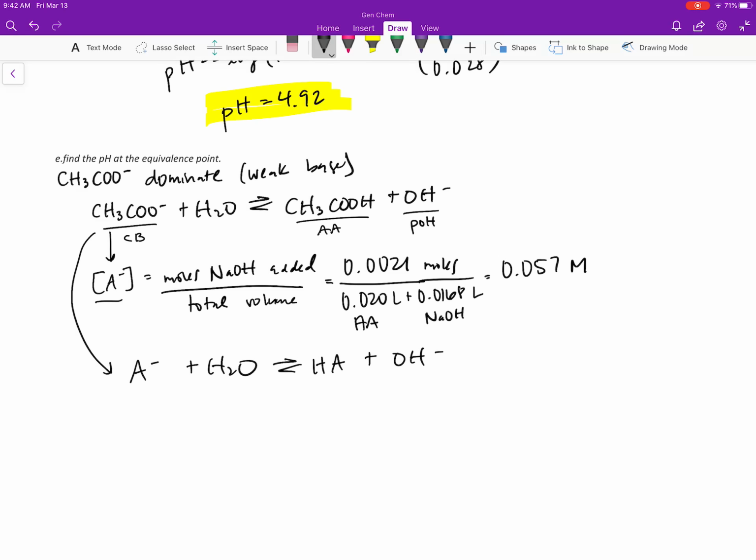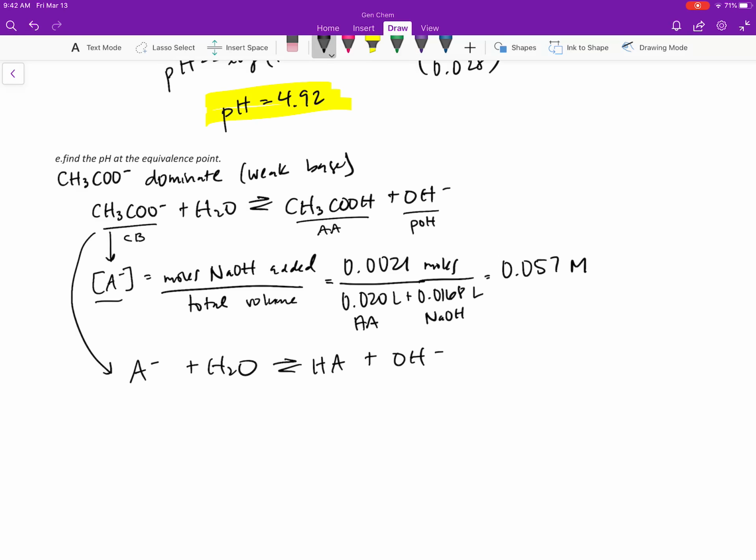Okay. Now my Kb value, because this is basic, I know I need a Kb, where Ka is equal to the 1.8 times 10 to the negative fifth, giving me a Kb value of 5.56 times 10 to the negative 10th.